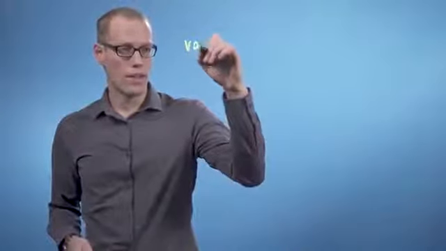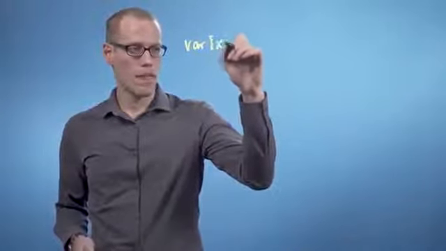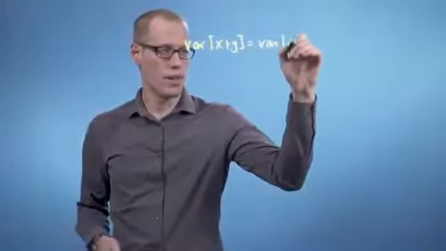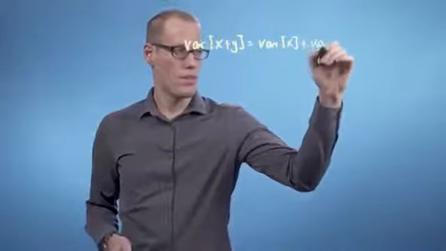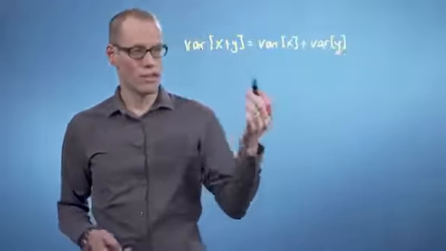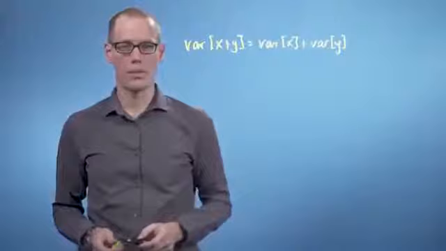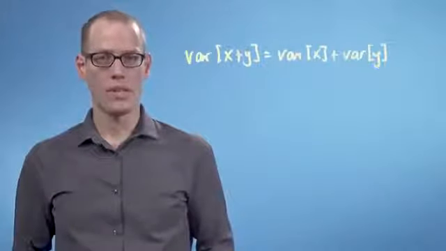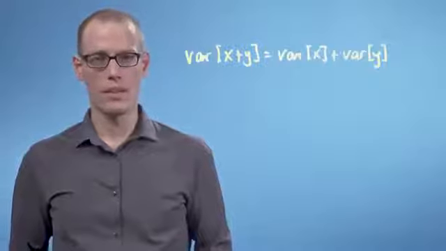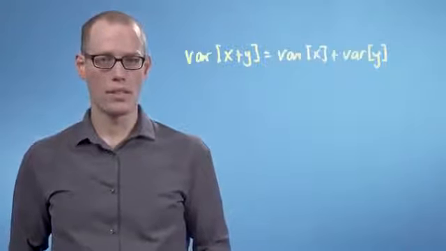If we have two random variables which are uncorrelated, then we know the following relationship. We know that the variance of x plus y is the variance of x plus the variance of y, where x and y are random variables. If you remember that variances are measured in squared units, this looks very much like the Pythagorean theorem for right triangles.